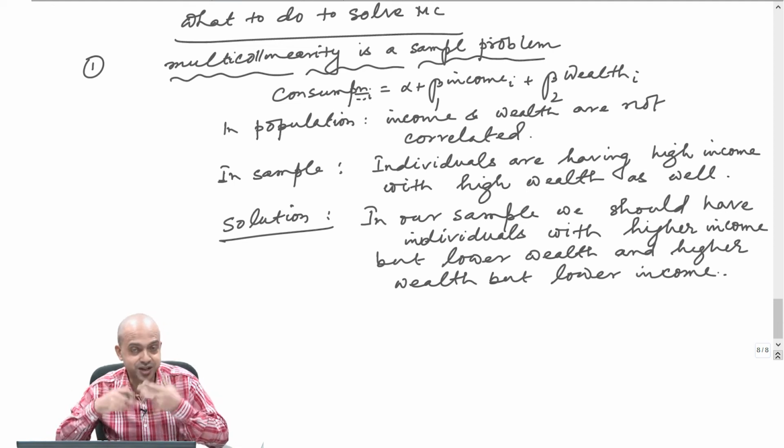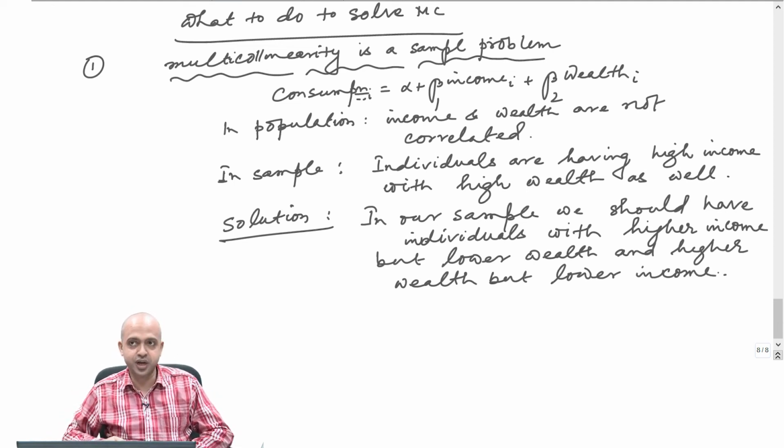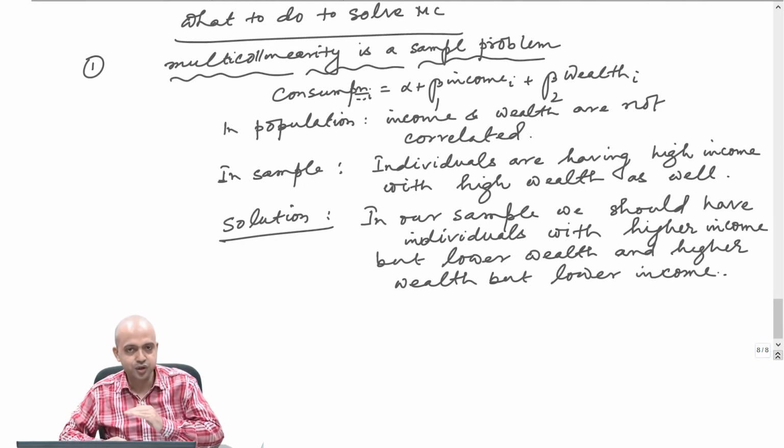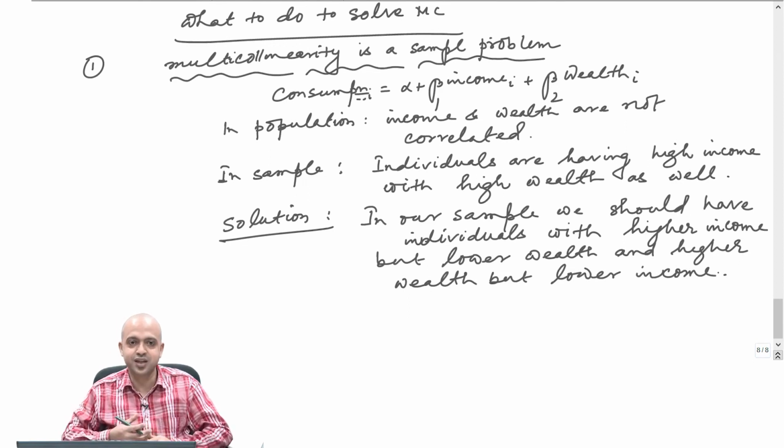So, we need to design our sample in such a way that this particular property is satisfied. We have individuals who are having high income but low wealth, and other individuals who are having low income but high wealth. So, we need to solve this problem by designing the sampling strategy appropriately. That is why they say that multicollinearity is basically a sample problem.